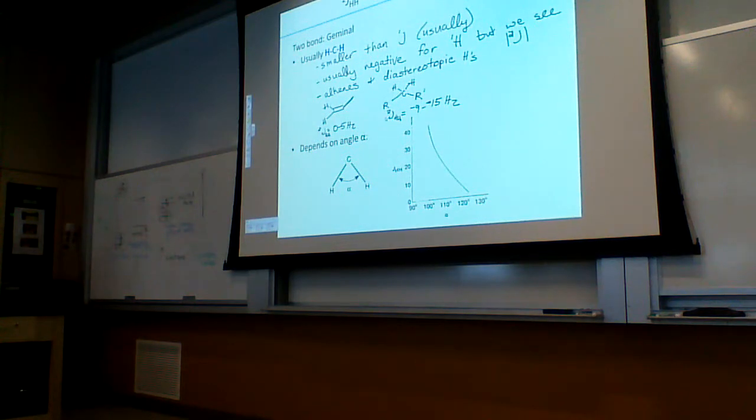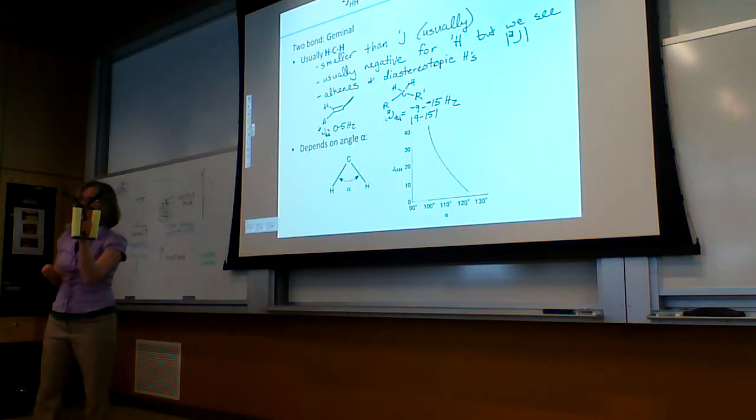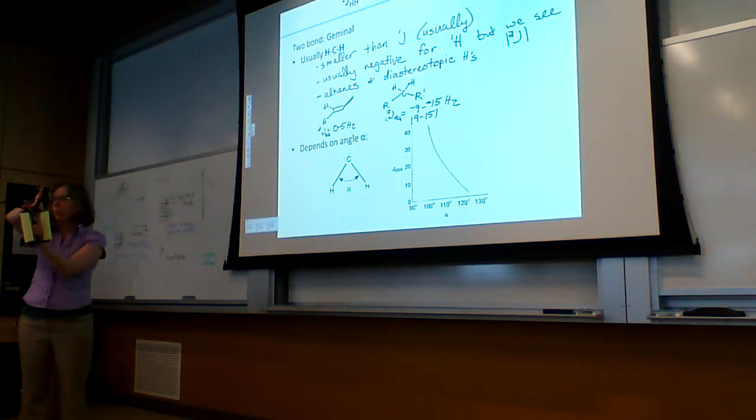Or absolute value being 9 to 15 there. This depends on the angle. When you have a hydrogen that's attached to an sp2 hybridized carbon of an alkene, the angle is going to be 120 degrees, based on our VSEPR models and all of that.